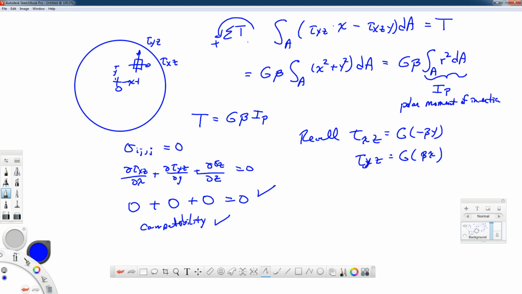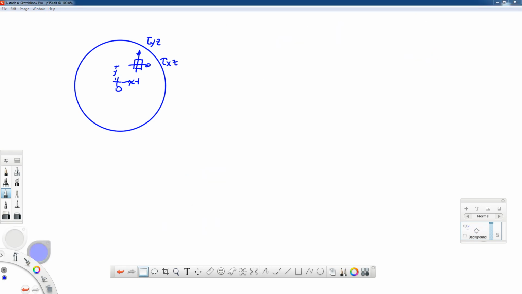Let's make a little bit of room. One of the last things we'll look at is the traction vector for the stresses that are inside of this material.